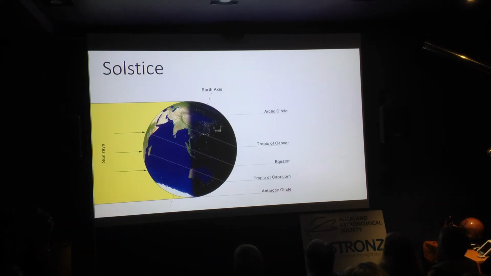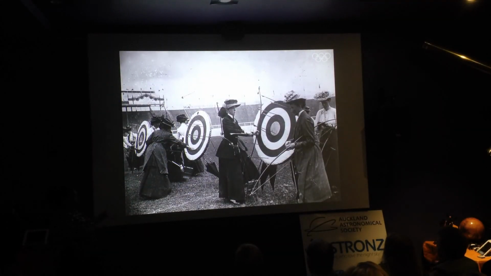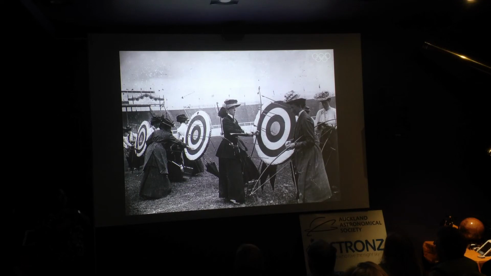Alright. Now, it's really important that we understand the concept of time and how things work, and that globally we agree to it as well. So I have a story which is quite interesting to do with this picture over here.